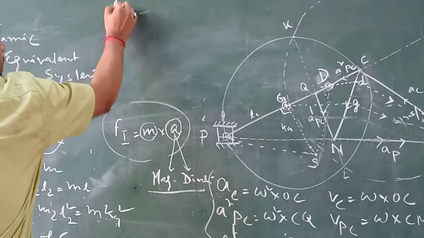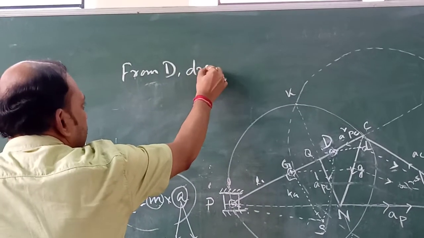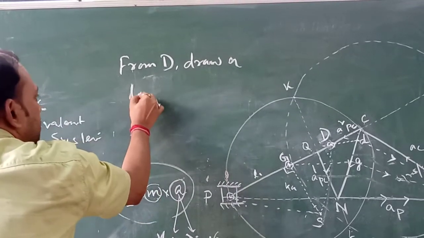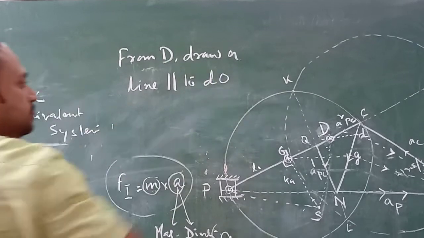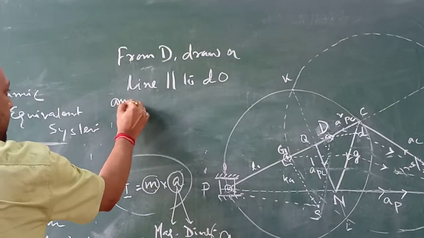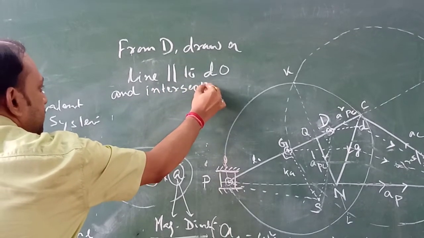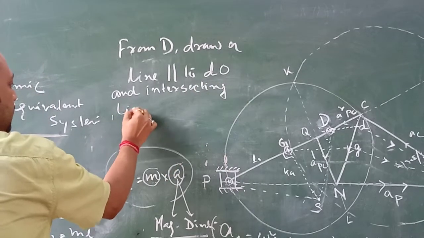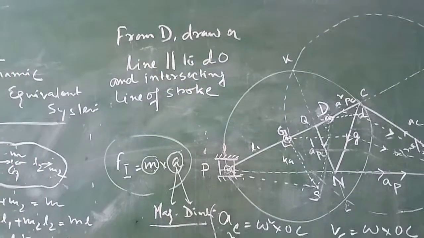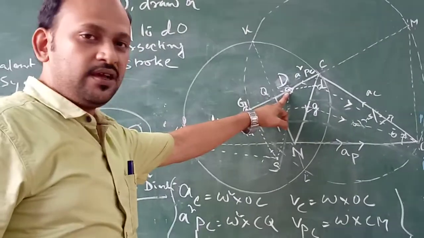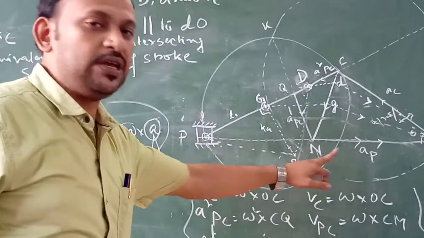I am repeating, from capital D, draw a line parallel to small do and intersecting the line of stroke. So from the point D, we will draw a line parallel to DO intersecting the line of stroke PO.